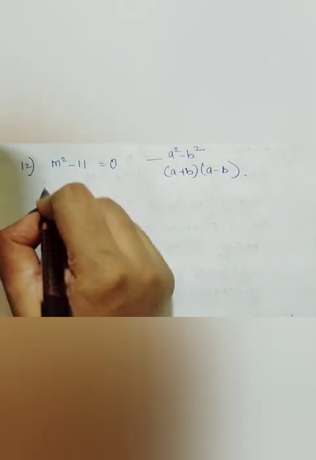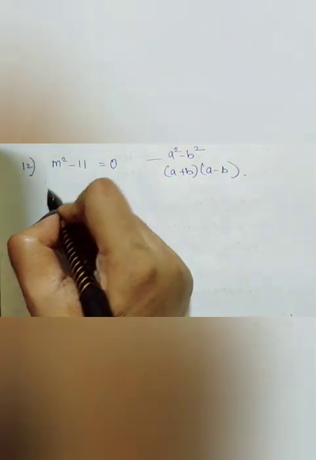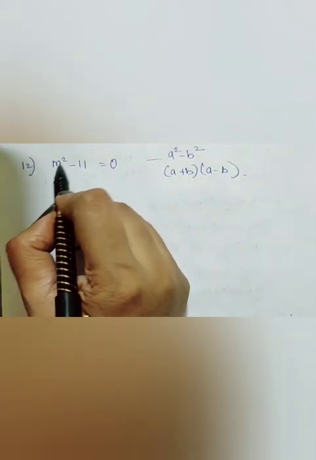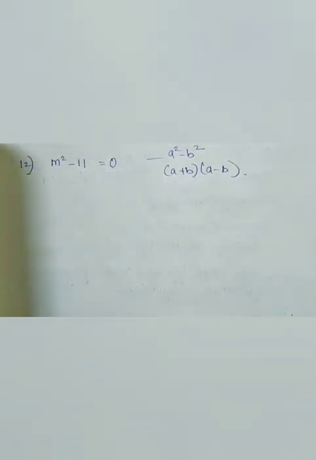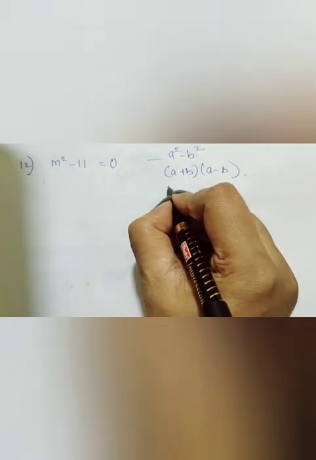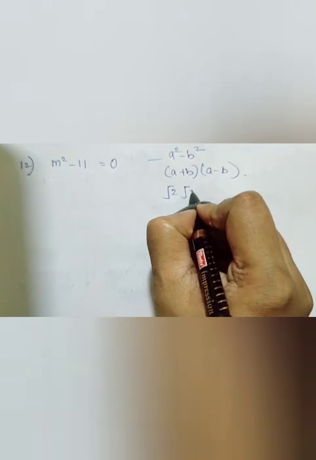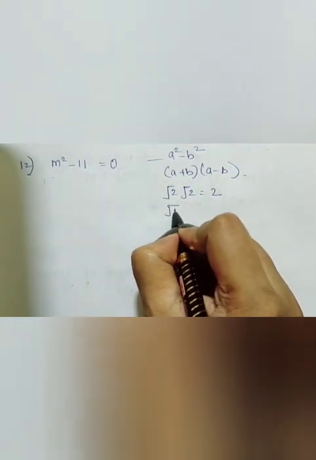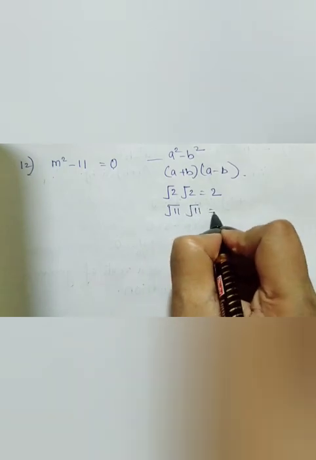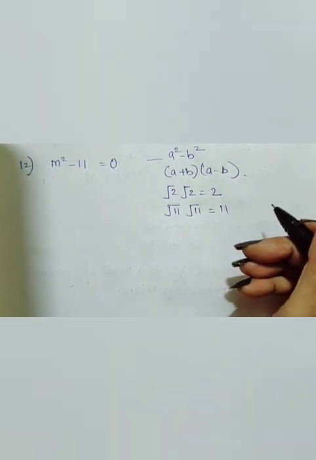So first we are going to see here m square is there, 11. It's a prime number, it will not come in any table. It comes in its own table, that is 11. So what we are going to do, as you know, when we take root 2 square, we get 2, right? The same thing we'll do here. Root 11 square is nothing but 11 itself.